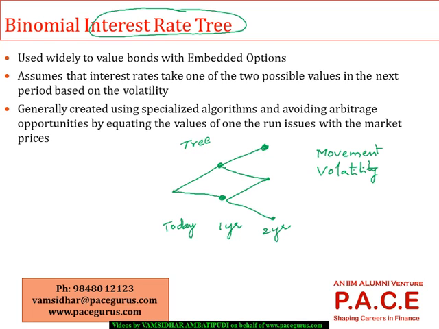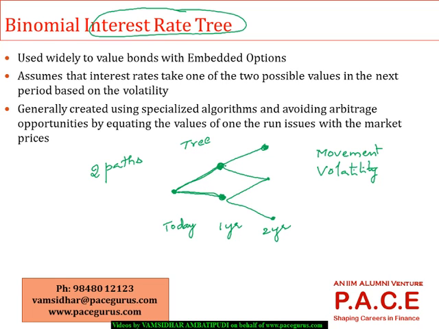Based on various assumptions, we are trying to build a tree, and in this tree we are creating two paths from every node. From today, I am expecting that after 1 year the interest rate can go either here or here.